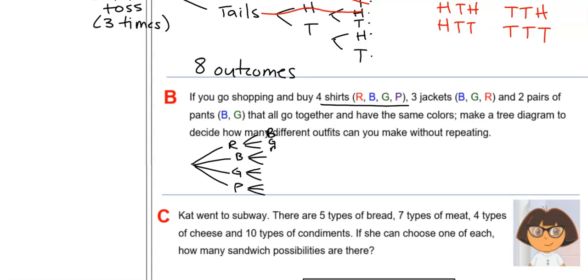Blue, green, red. Blue, green, red. Ugh. And then finally, pants. So each of these get 2 pants. Okay, I'm going to stop right there.